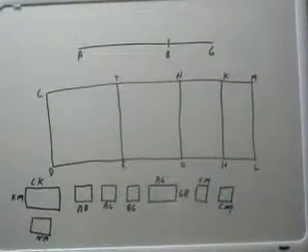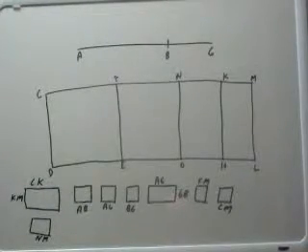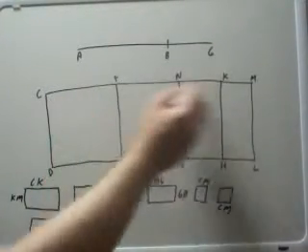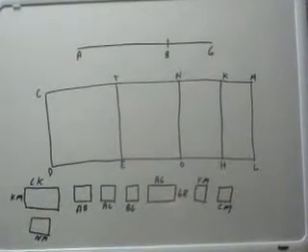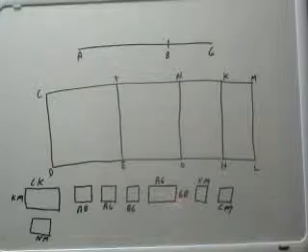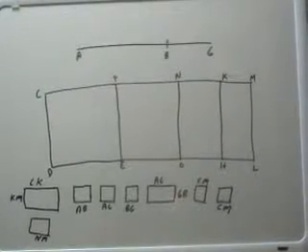So that CK is commensurable with KM. So that this length is commensurable with this. This is by Euclid Book 6, proposition number 1, and Euclid Book 10, proposition number 11.